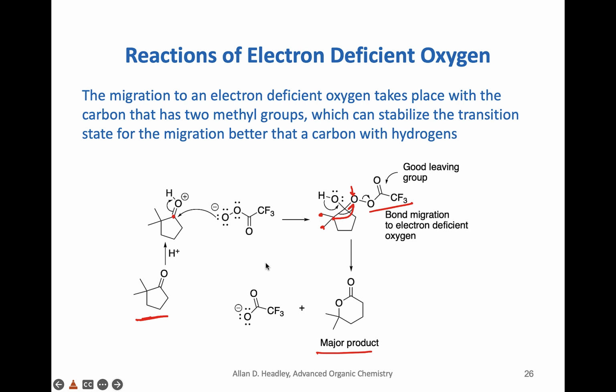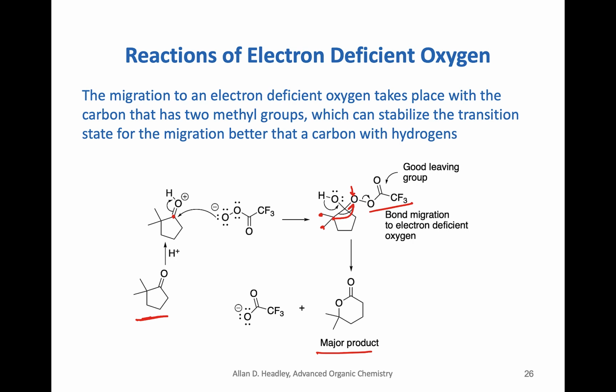I think this is the last slide. Yes, it is. So once again, these are reactions of electron deficient nitrogen and electron deficient oxygen. They're very important intermediates in the synthesis, as you can see here, of cyclic esters and cyclic amides.